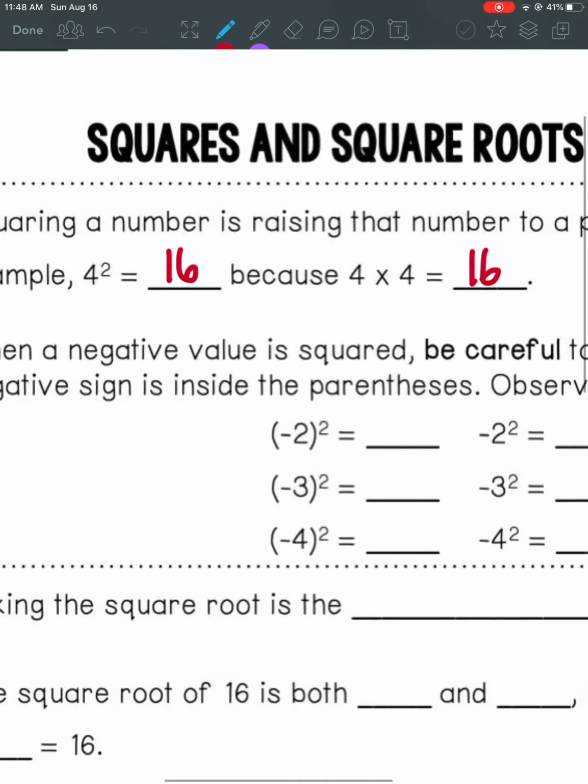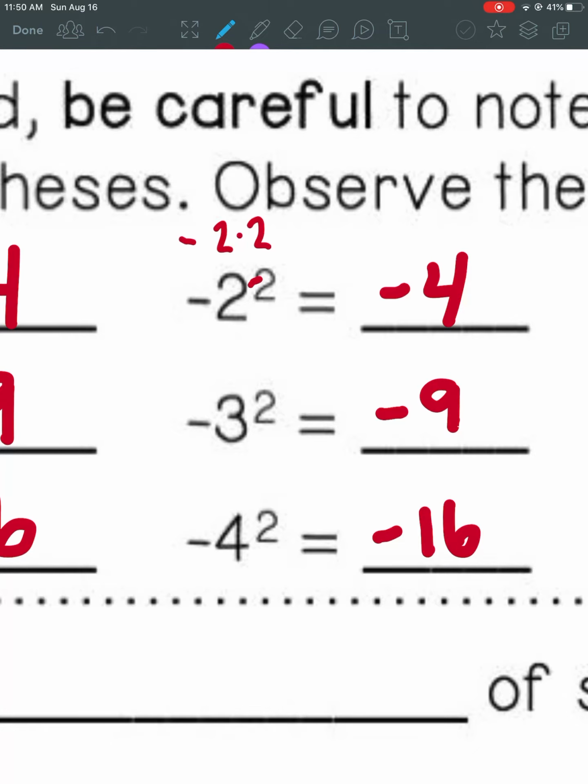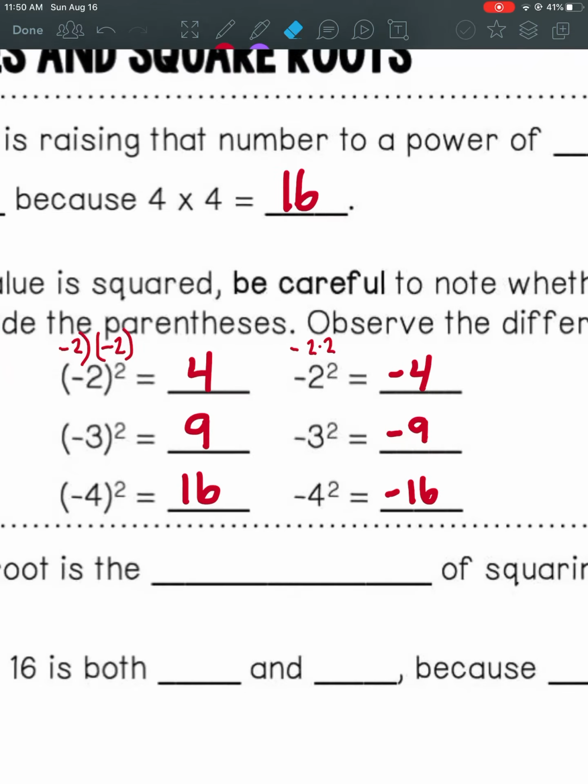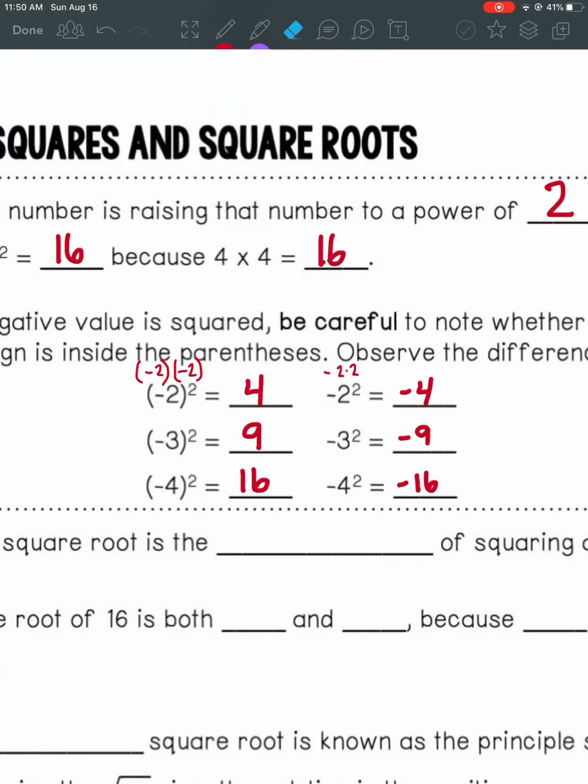So this one is negative 2 times 2. It's going to end up being a negative because a negative times a positive is a negative. Okay, same thing here. This will end up being negative 9 and negative 16 because that exponent is touching the number and not the parentheses. So you really have to be careful and pay attention to what the exponent is touching.